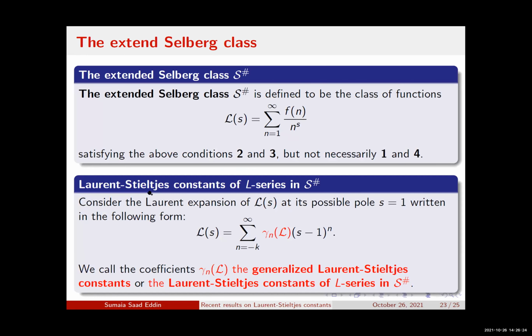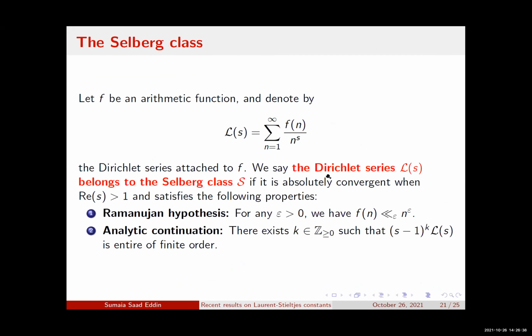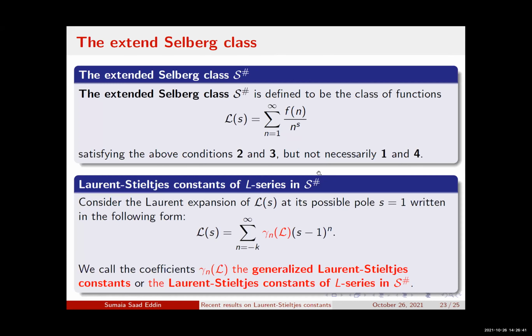As I said, we can extend this class. We discovered that we can ignore two conditions: the first one, the Ramanujan hypothesis, and the last one, the Euler product.